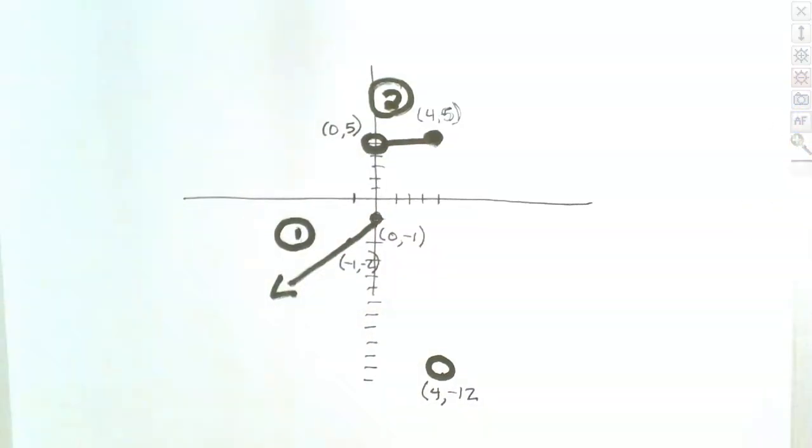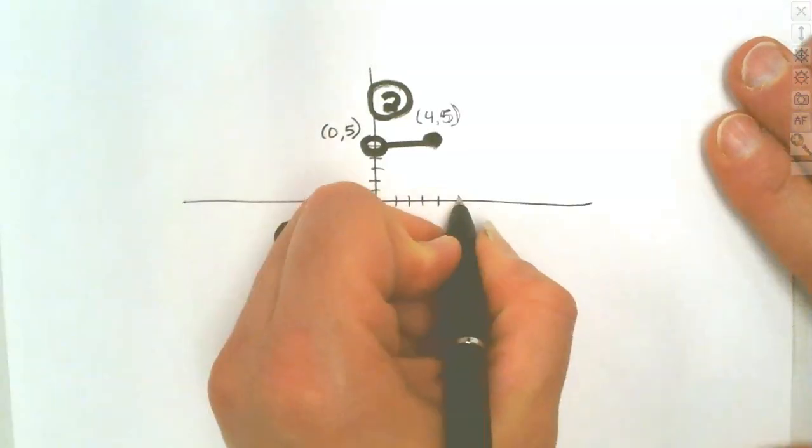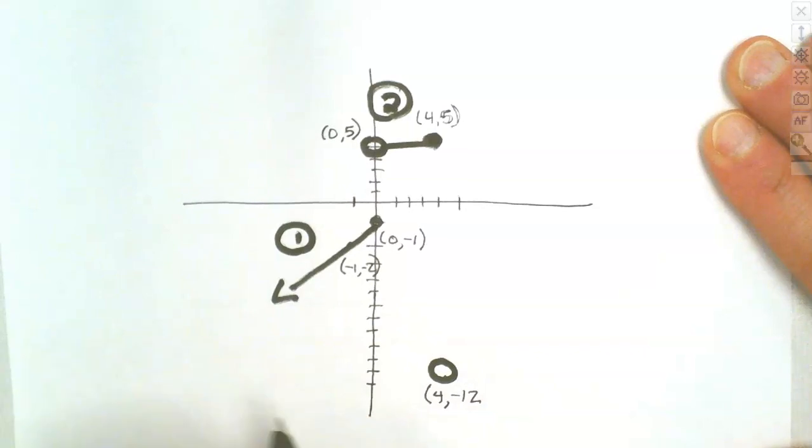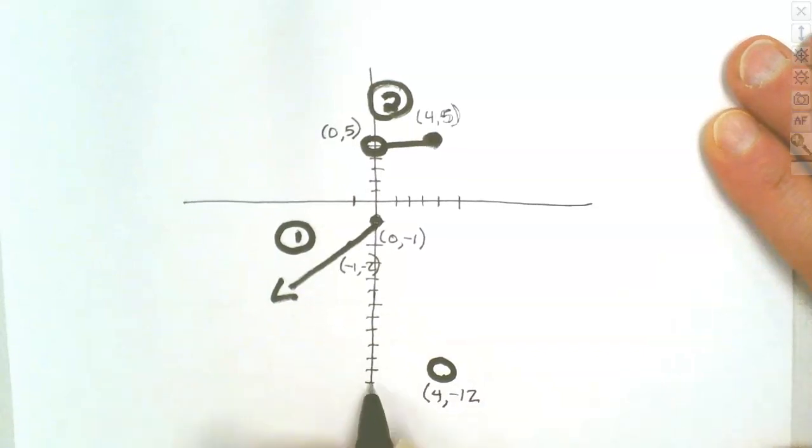Our next point is (5, -15). So we're going to have to go down 3 more. Okay, so there's 12, 13, 14, 15. And over about 1, so it's going to be right about there at (5, -15).